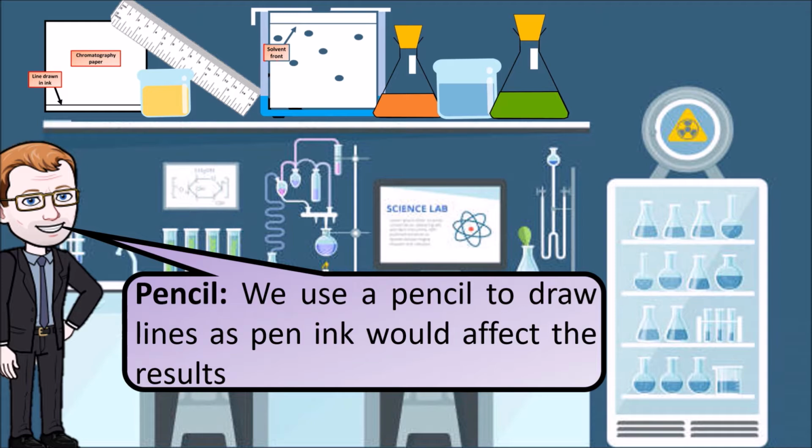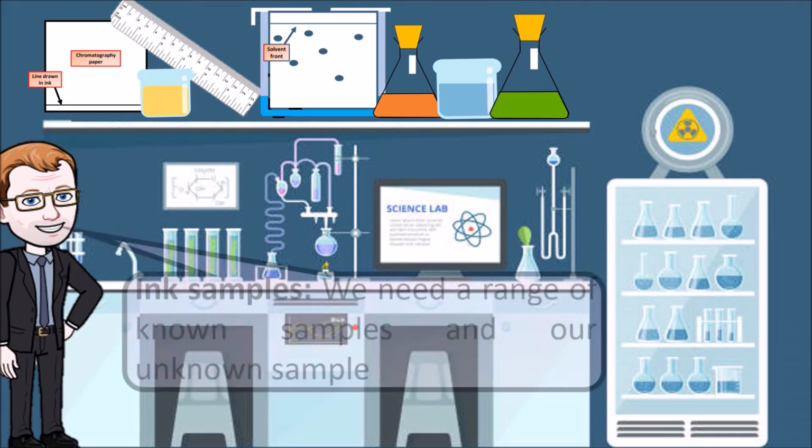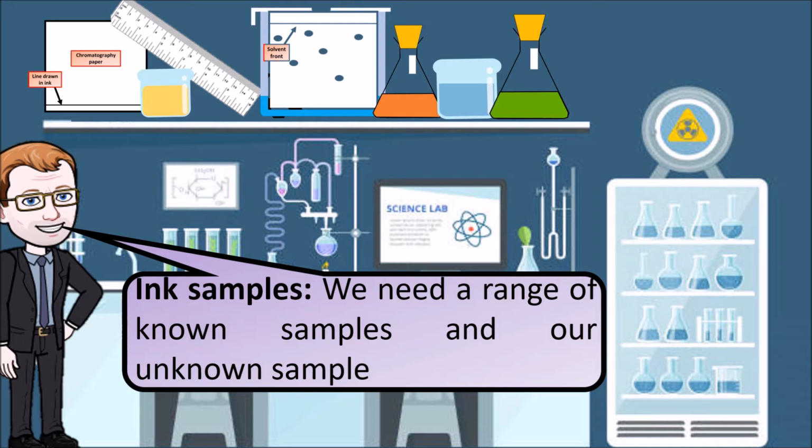We use a pencil because it is not affected by the solvent, and if we used a pen it would affect the results. We use a range of known ink samples and our unknown ink sample in order to compare them to each other.